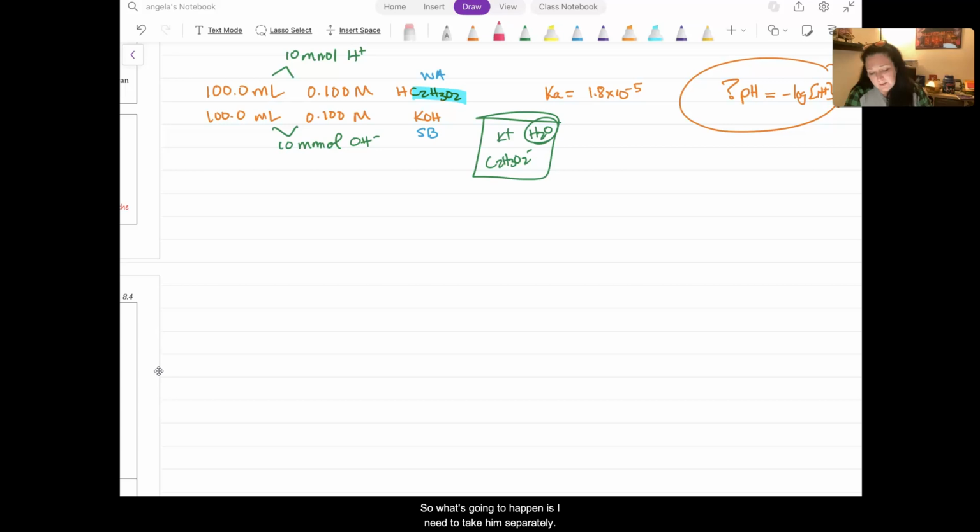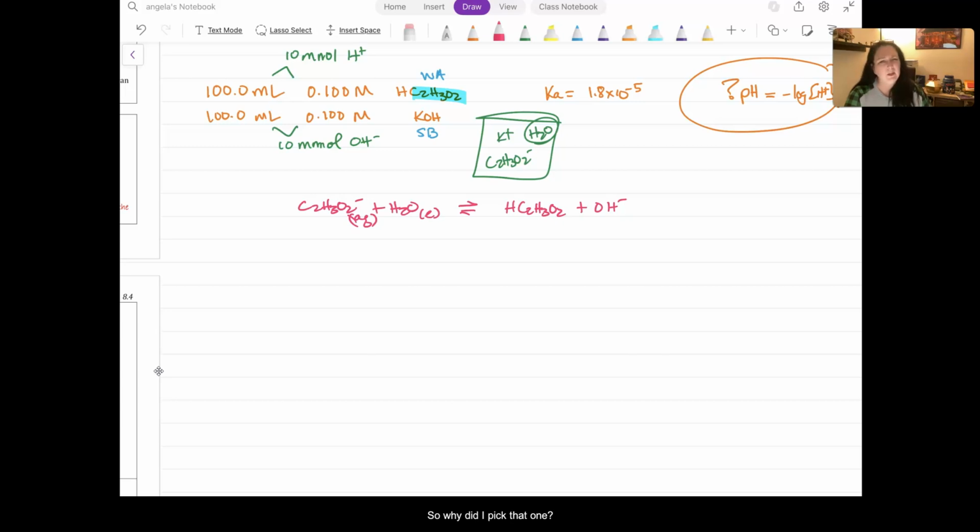So what's going to happen is I need to take him separately. I'm going to take him out, and he is going to end up reacting with the water. And he's aqueous. And he's going to be weak. He will react with water. He's a strong conjugate, but he will make a weak acid. And so what I end up doing is he ends up yanking off one of these H pluses, and I get that.